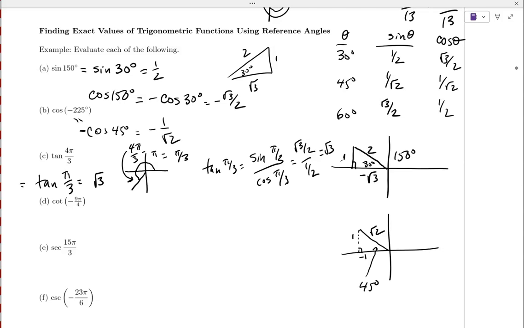If I think about my reference triangle, would your x be positive or negative? Negative. My y would be negative. Tangent is y over x. Negative divided by negative makes positive, so it'll be a positive root 3 in this case.